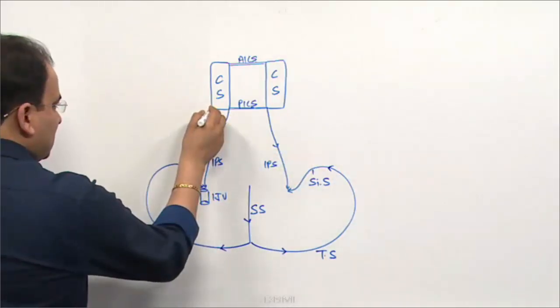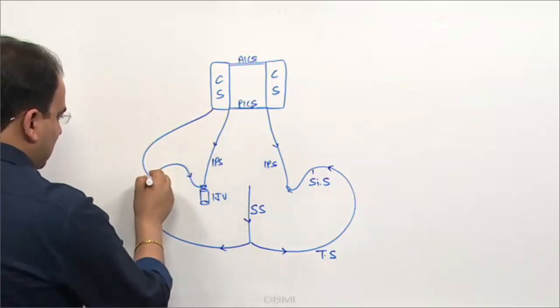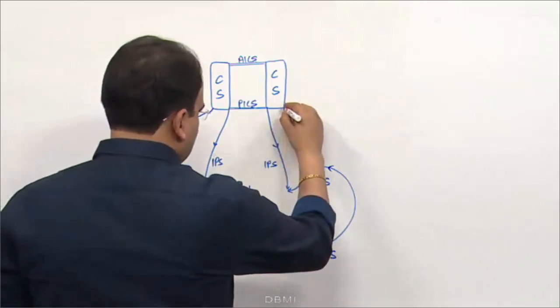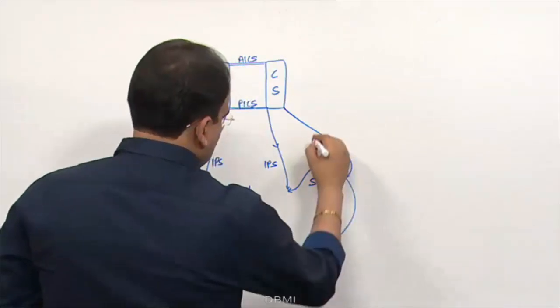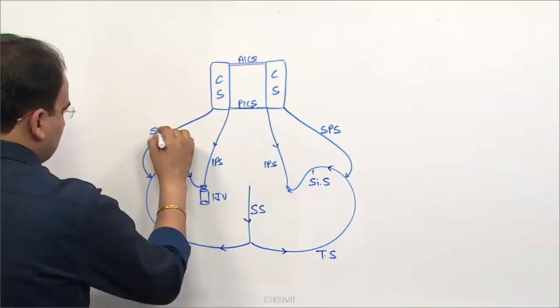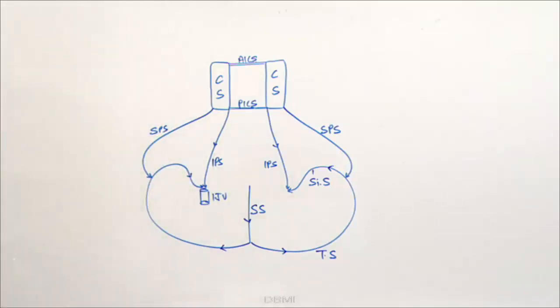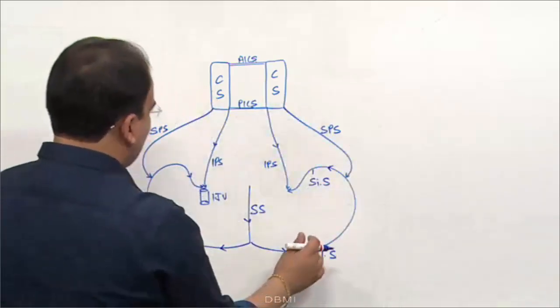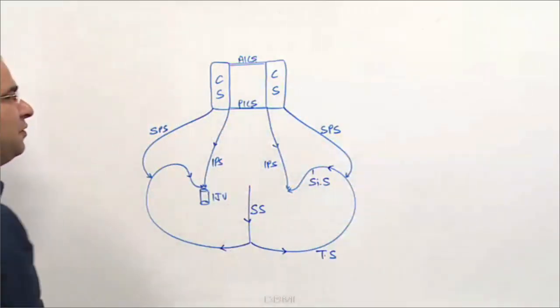Whereas the superior petrosal sinus from the cavernous sinus drains directly into the transverse. That is the outgoing channel. So these are the outgoing channels of the cavernous sinus, superior petrosal and inferior petrosal.